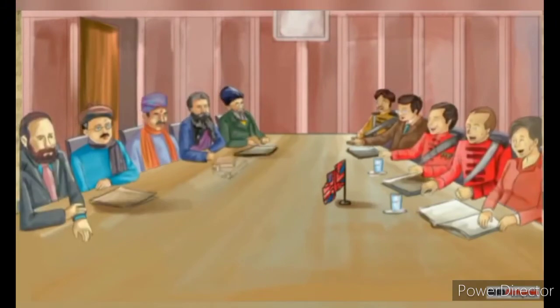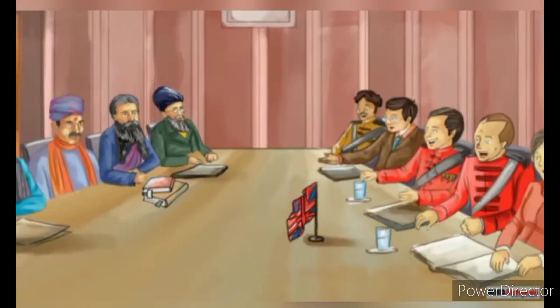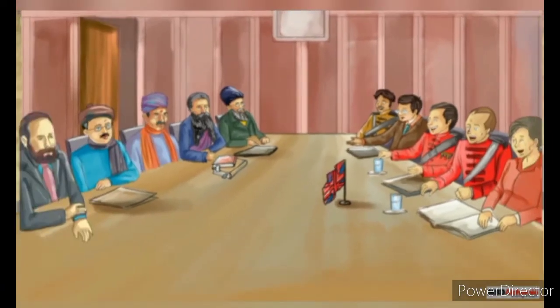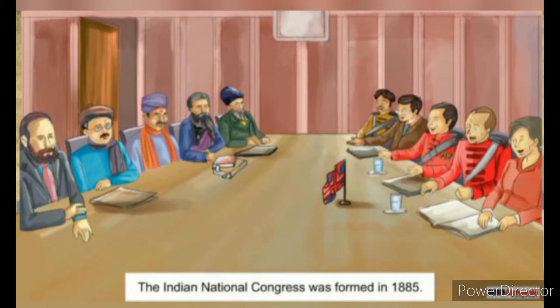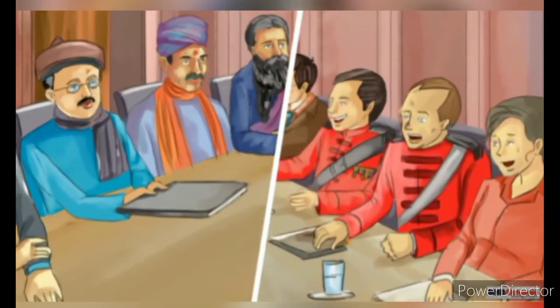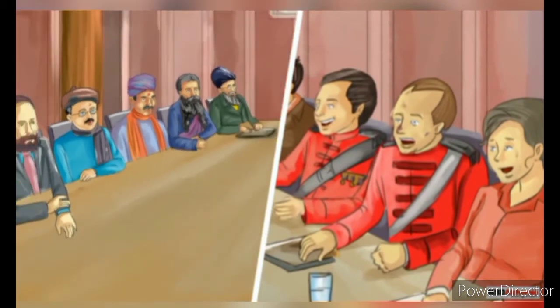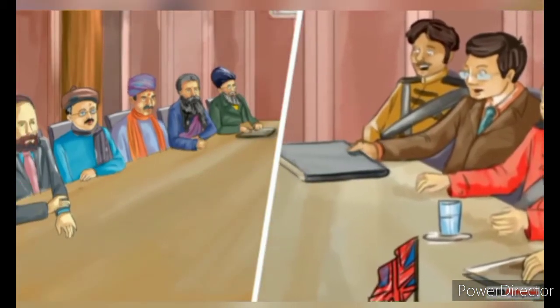Therefore, to put their demands effectively before the British, Indians formed a political party known as the Indian National Congress in 1885. The Congress tried to draw the attention of the British towards problems faced by Indians, but the British ignored them.